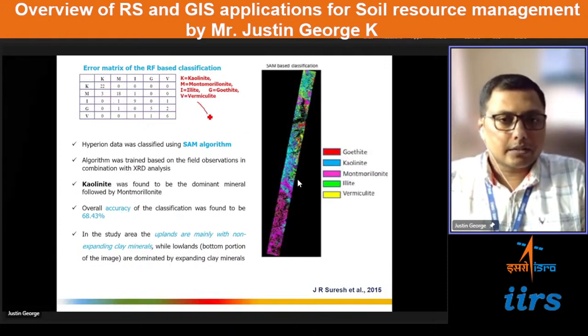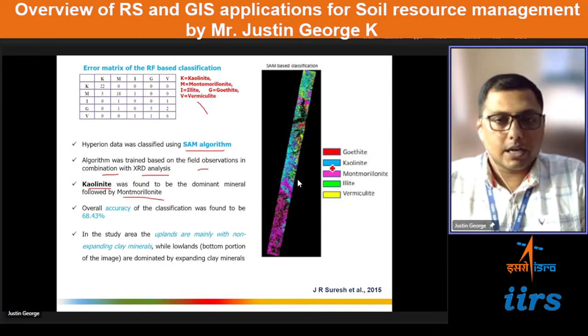And using this concept and extrapolating onto a spatial domain, the Hyperion data of the area was classified using a SAM algorithm. The algorithm was trained based on the field observations in combination with XRD analysis, and kaolinite was found to be the most dominant mineral, followed by montmorillonite in the entire area. You can see the kaolinite, the goethite, the montmorillonite, illite, as well as the vermiculite.